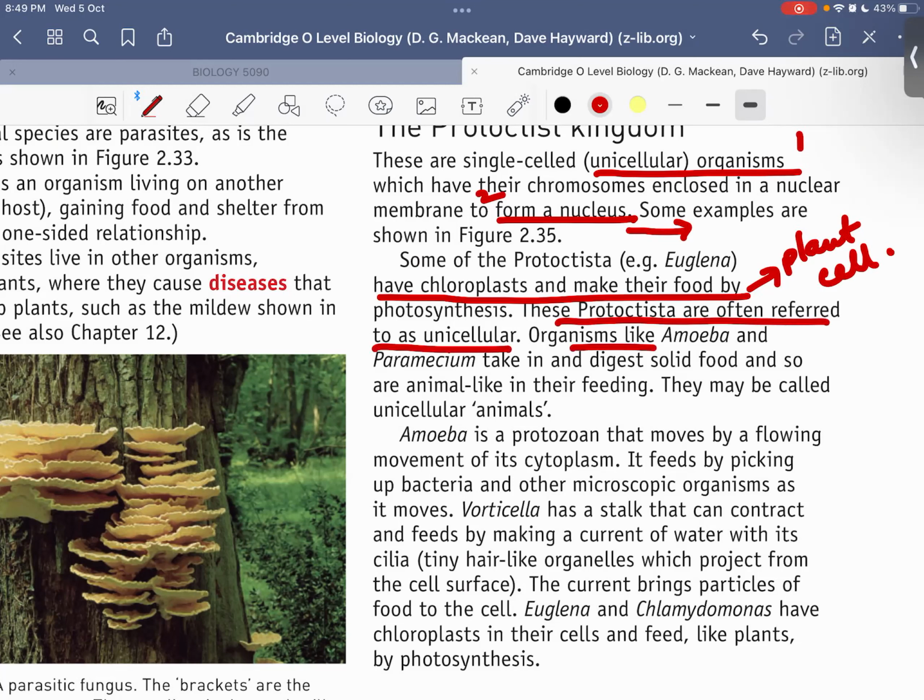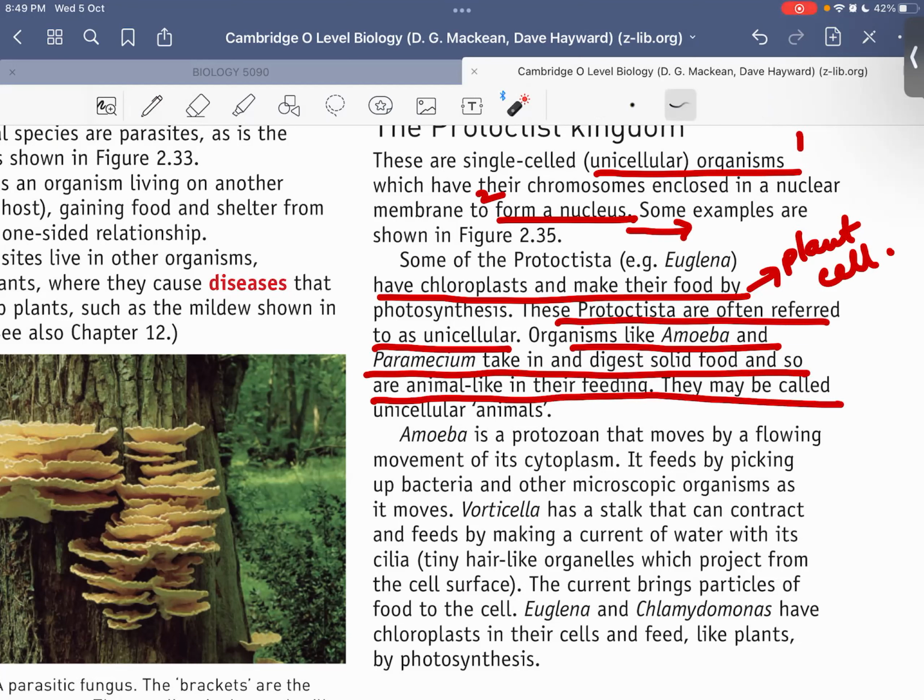Examples of unicellular Protoctista are amoeba and paramecium, which I showed you. You were surprised, but these single-celled animals can take in and digest solid food, and so are animal-like in their feeding, and they may be called unicellular animals. And they cause diseases.